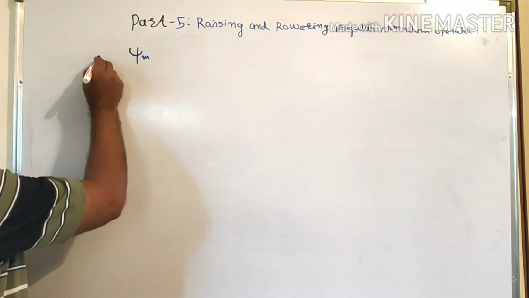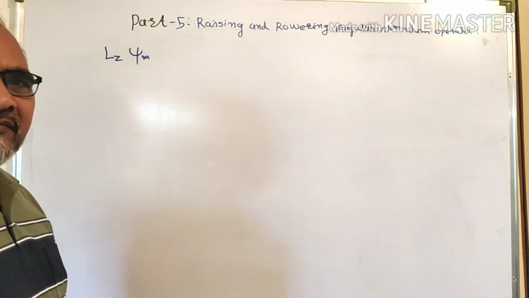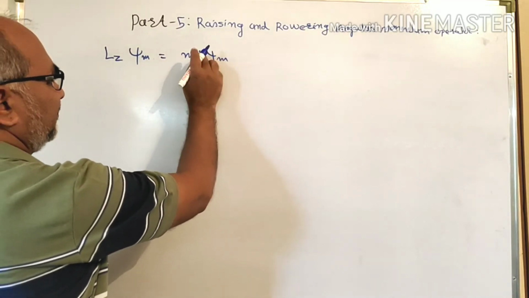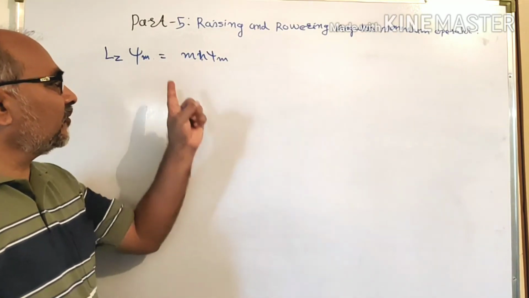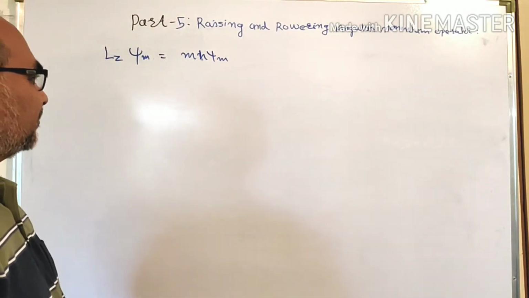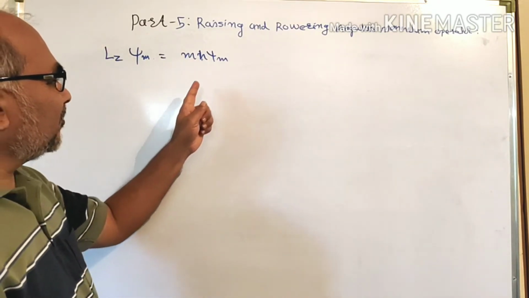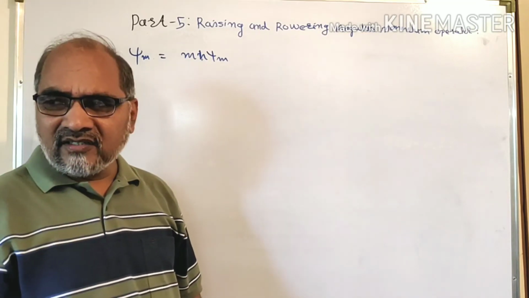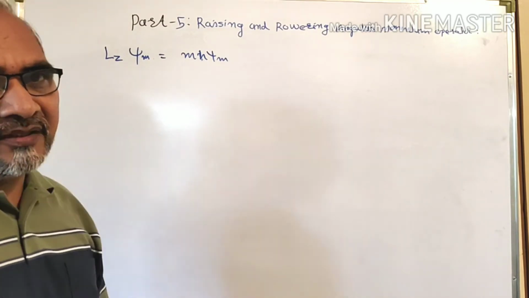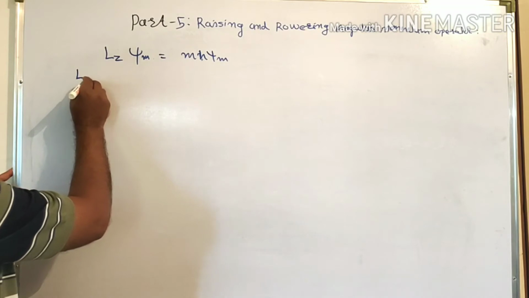When the angular momentum operator Lz acts on psi m, it gives m ħ psi m. Therefore m ħ is the eigenvalue, psi m is an eigenfunction, and m ħ is the eigenvalue of the Lz operator.